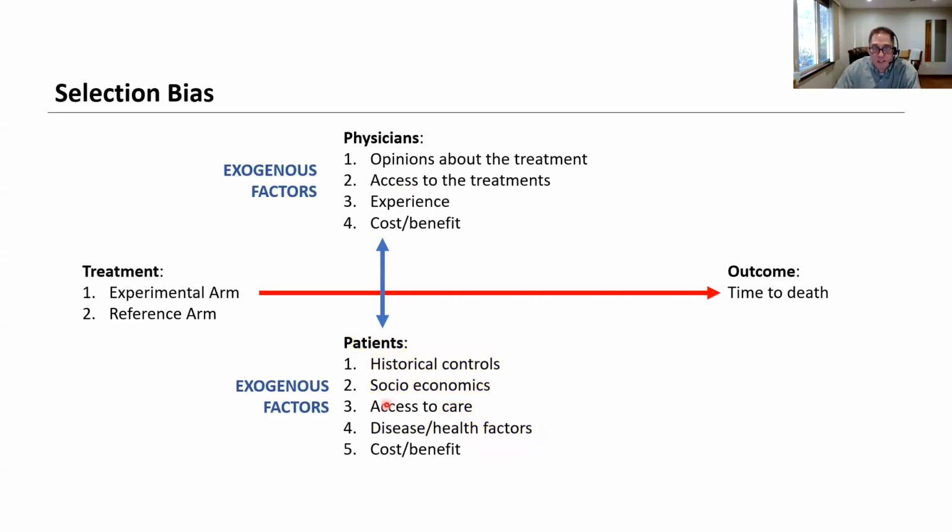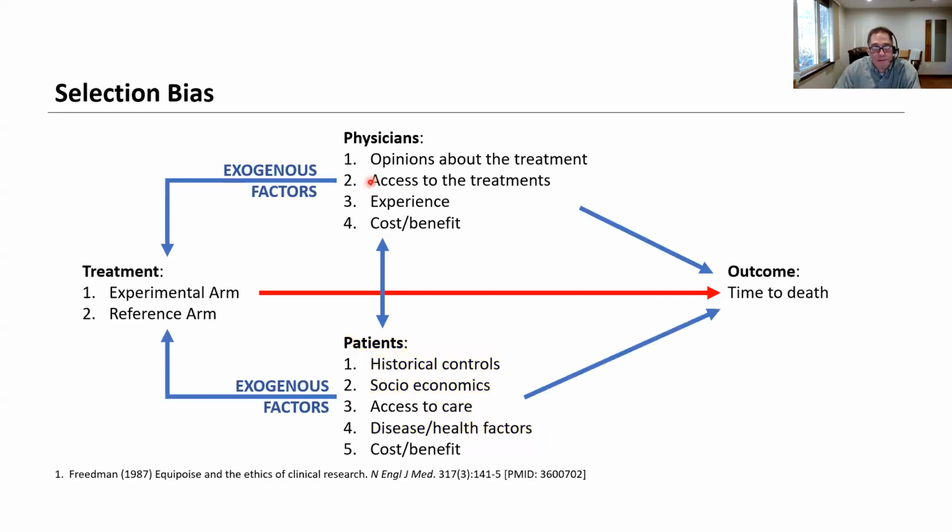All of these exogenous factors have a potentially biasing effect on whether the physicians would enroll a patient into the experimental arm or not, whether the patient wants to be in the reference arm or in the experimental arm or not, right? And all of these exogenous factors over here prior to the randomization line potentially corrupt the assessment of the experimental arm relative to the reference arm against an outcome of time to death.